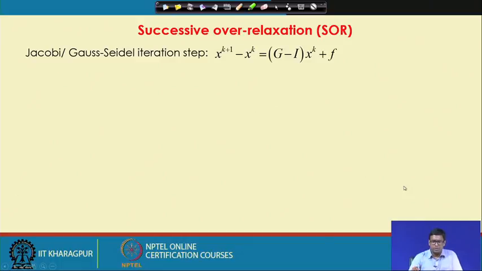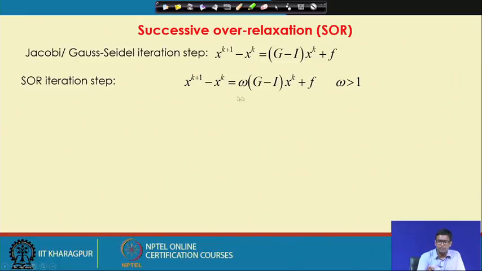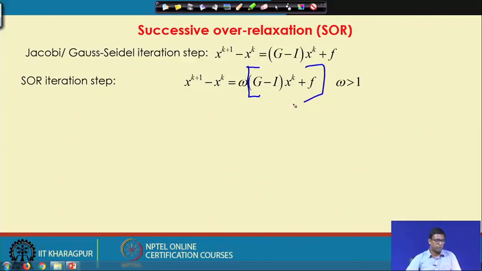So, the Jacobi Gauss-Seidel step will look like this, and the over relaxation step will be like this, where the value is multiplied by omega into (G minus I) x k, and omega greater than 1.